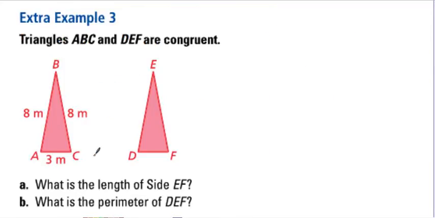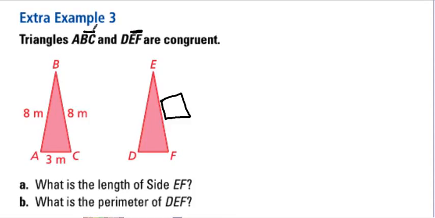All right, here's another example to go along with this. It tells us that triangles ABC and DEF are congruent. What is the side length of EF? So we're looking for this side right here. Well, if you look, EF corresponds with BC. Another way to do that, do you see EF right here? Do you see how it's the last two letters?